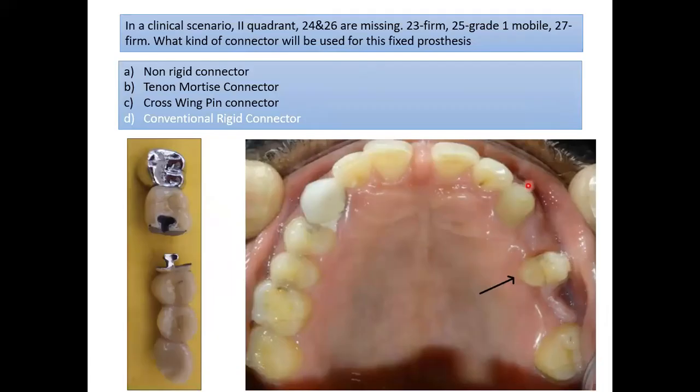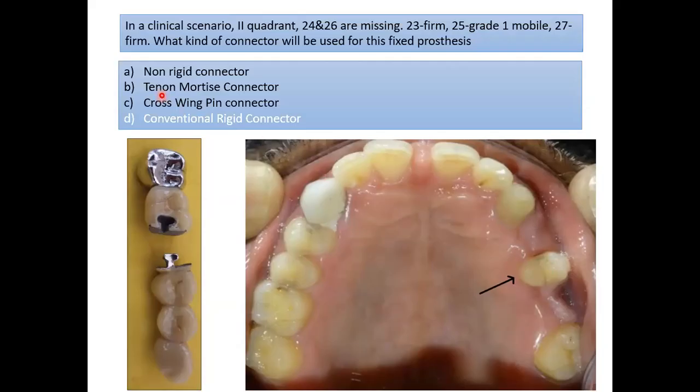Ideally, this condition is termed a pier abutment condition, where a pier abutment is a lone standing abutment which will get force from the pontic replaced in the 2.4 region and from the pontic that you will replace in the 2.6 region.